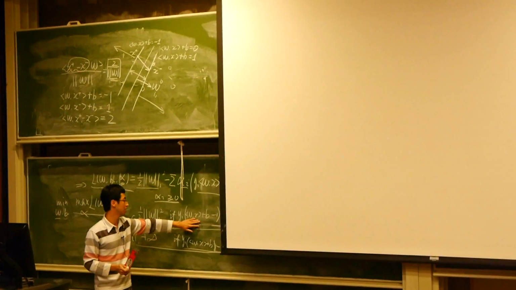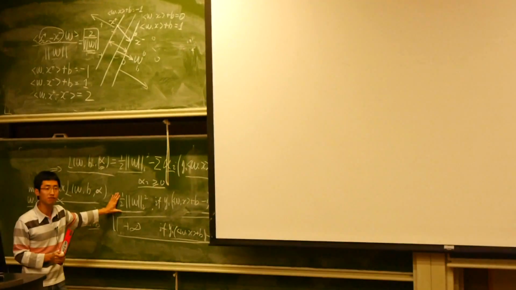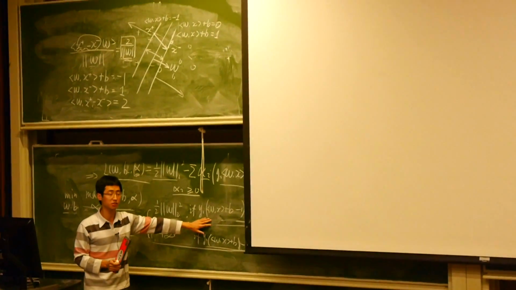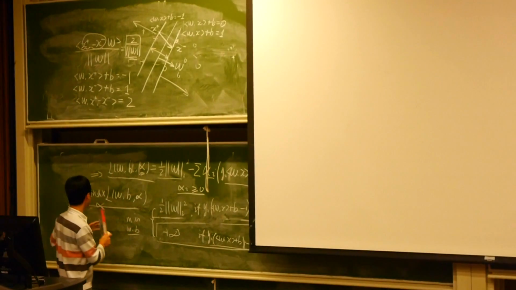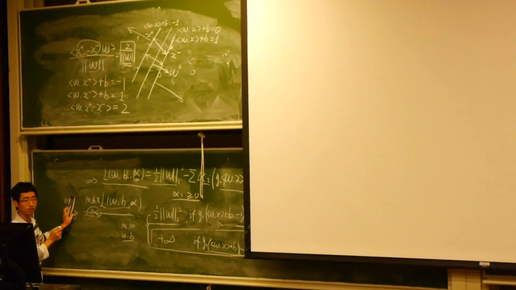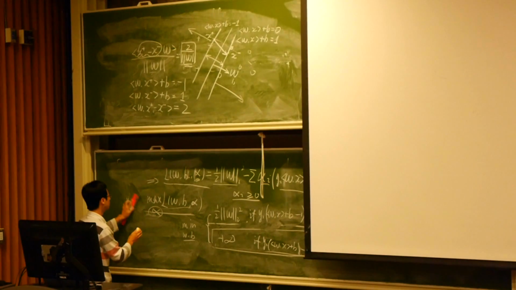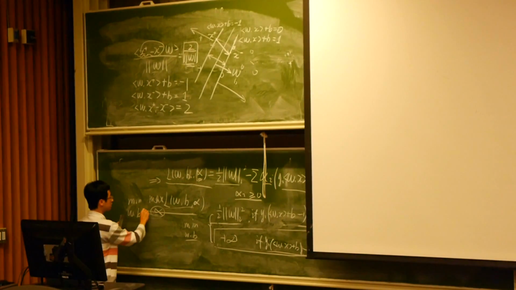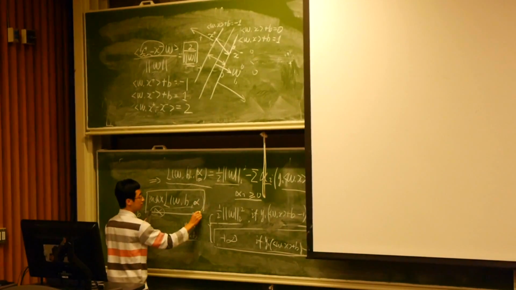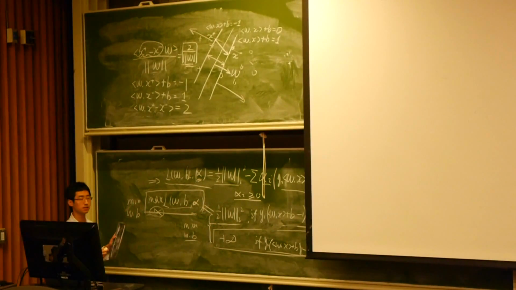Which means that if the constraint is satisfied, then we have a non-infinite value. If any of the constraint is not satisfied, we have infinite value. This is maximize alpha. Maximize this function over only this variable alpha. And we have additional here. And this is equal to this, right?